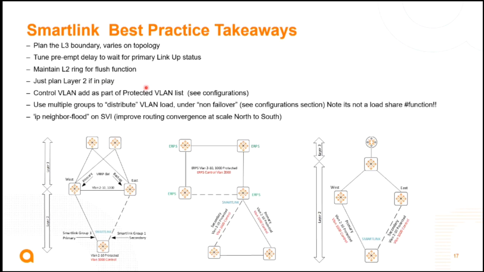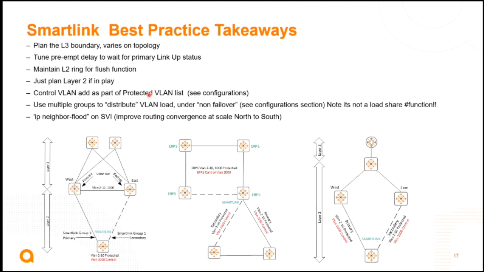So if you do have spanning tree and you have Smartlink on the same switch or the same area, then you need to be careful, from the caveat I explained to you earlier. It can cause loops if you don't have them assigned to either. You have a control VLAN and the protected VLANs. The control VLAN needs to be in the protected VLAN list.